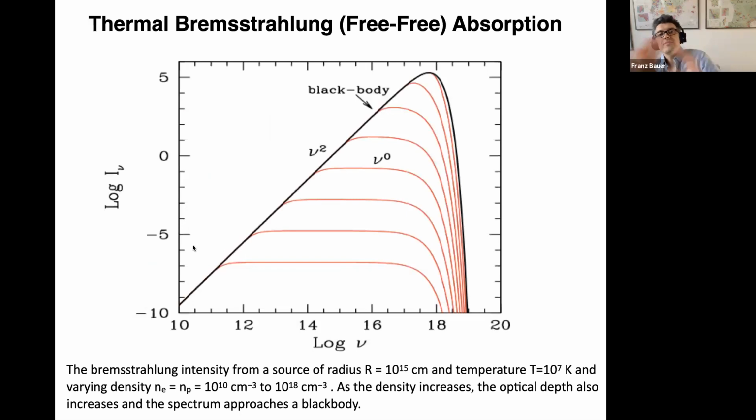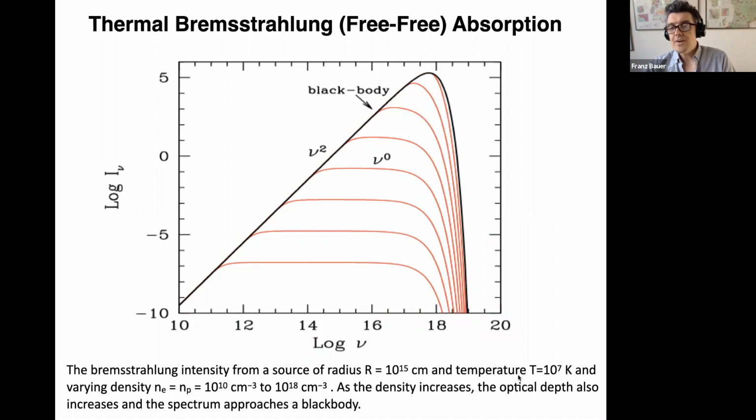And so another way of visualizing this is the following. Let's say we have a region of a fixed radius of 10 to the 15 centimeters. So that's 0.1% of a parsec, more or less. So it's a relatively small region, on the order of the orbit size of Saturn or Pluto.